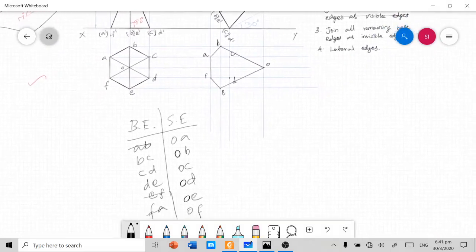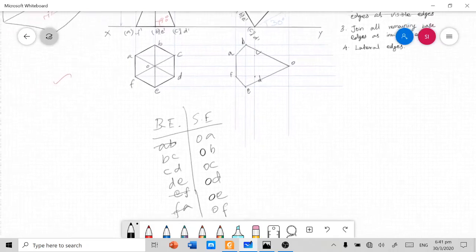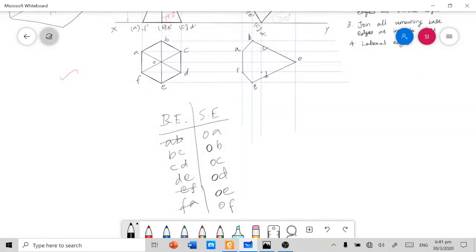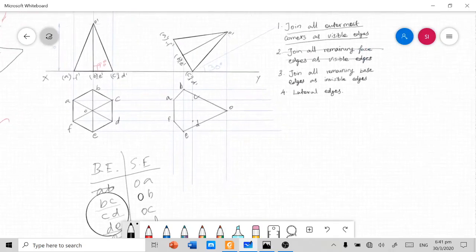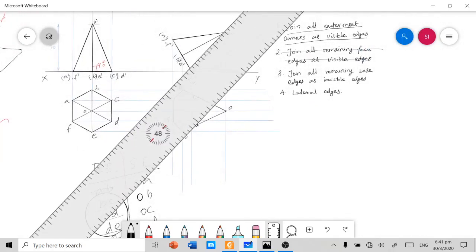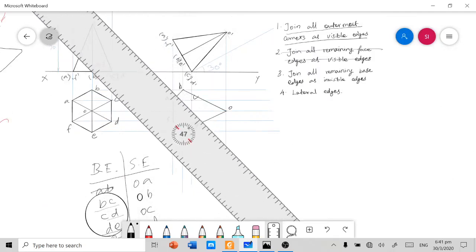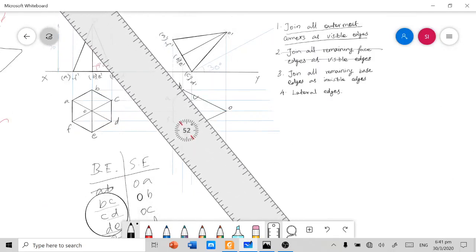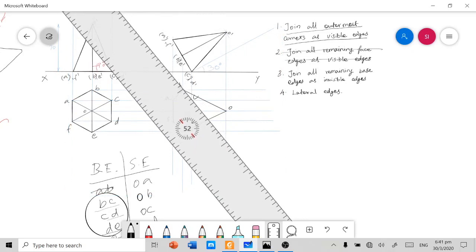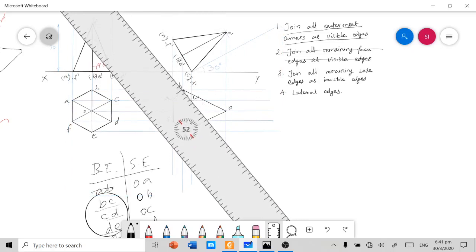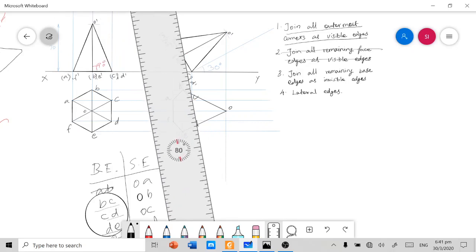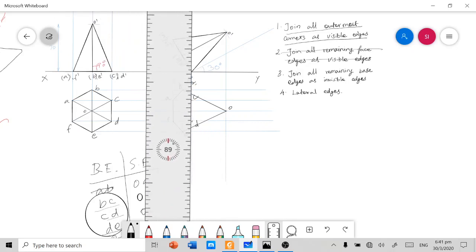And the third rule is join all remaining base edges as invisible edges. The remaining base edges are BC, CD and DE. These three edges should be connected as invisible edges as per rule number 3. You have to follow the hidden line format, dashed line format, in order to highlight the hidden edges.